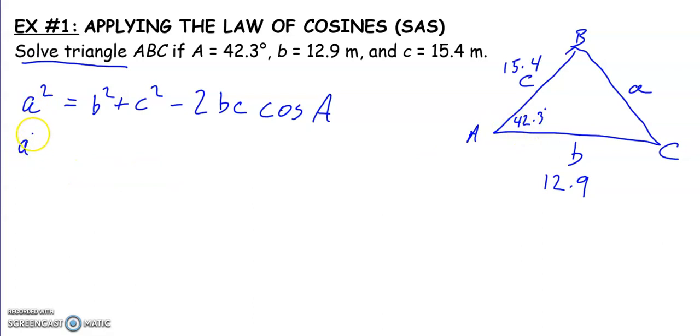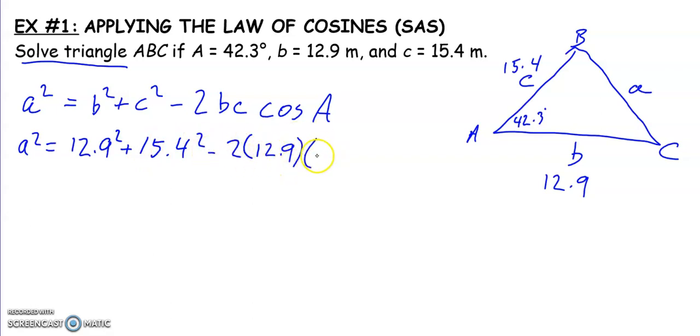Let's find little a. So the length of that side is going to be b squared, 12.9 squared, plus 15.4 squared, minus 2 times 12.9 times 15.4 times the cosine of 42.3 degrees.